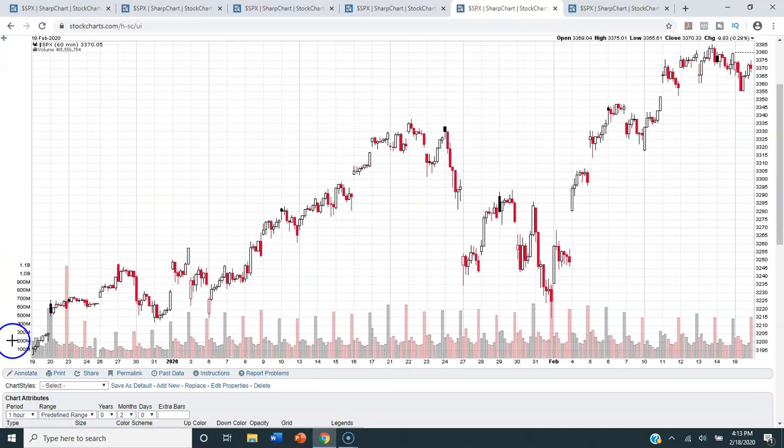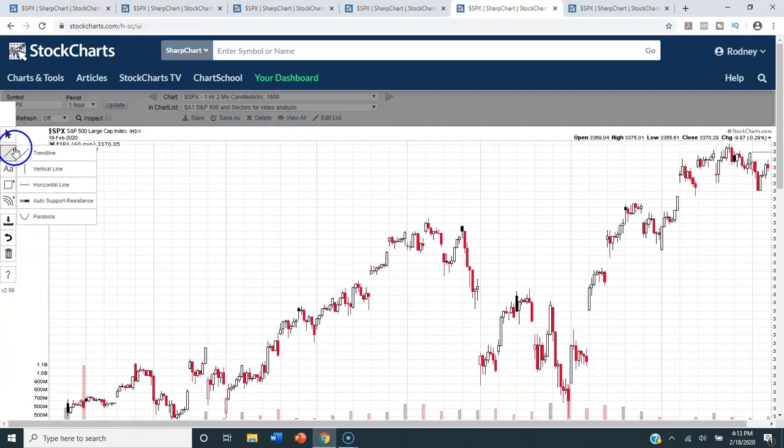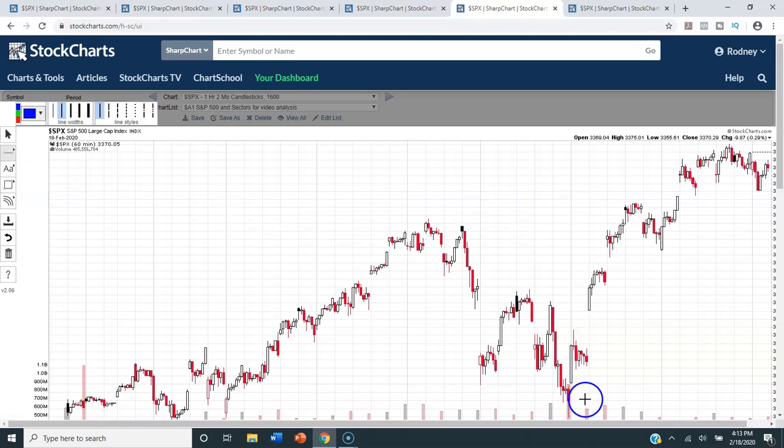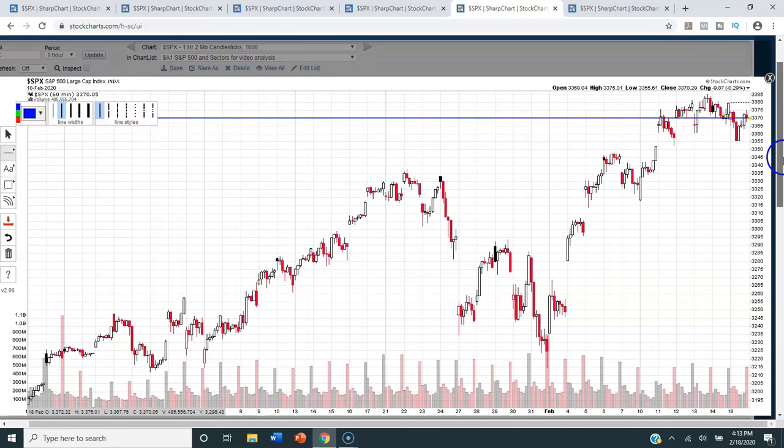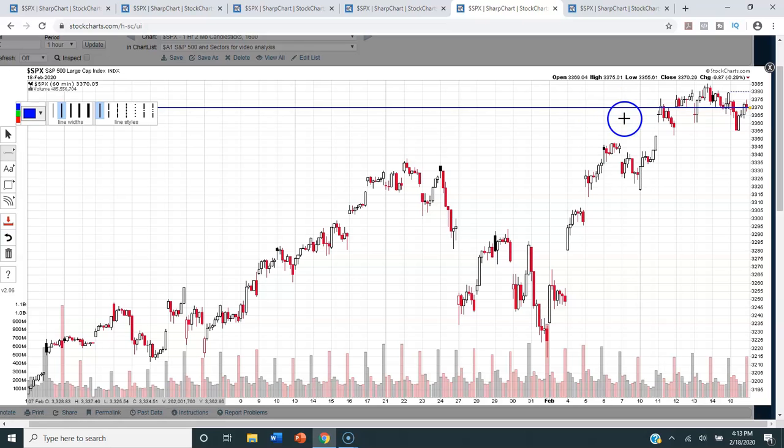And again, let me grab my annotation tool, and let's take a look at this 3370 area. Again, I like to look at different time frames because it really helps, especially on these hourly charts.